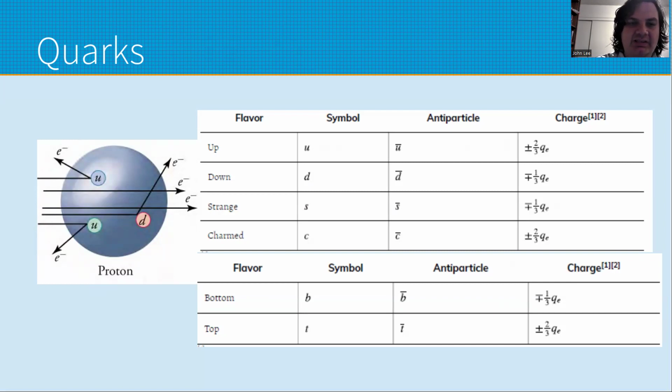So these quarks have flavors, and they also have colors, where a color is like a charge for a quark and determines whether or not a composite particle is allowed.